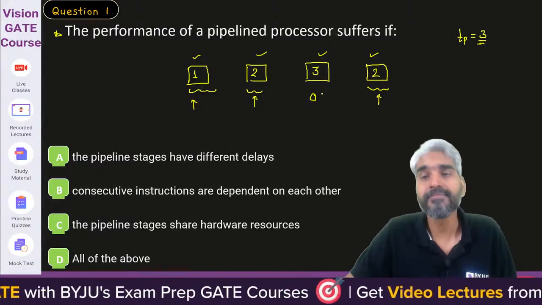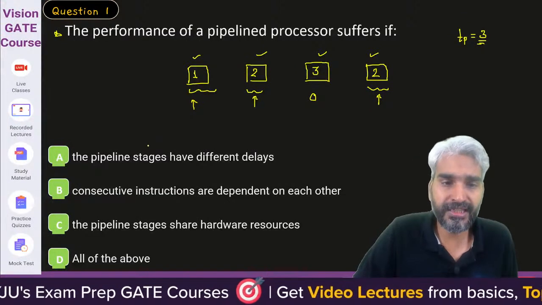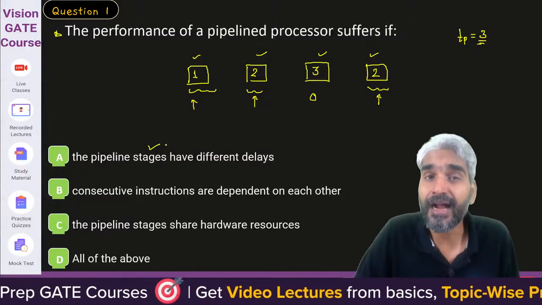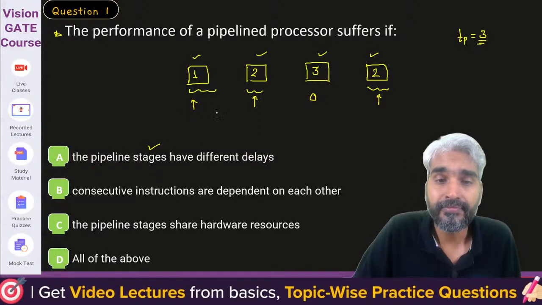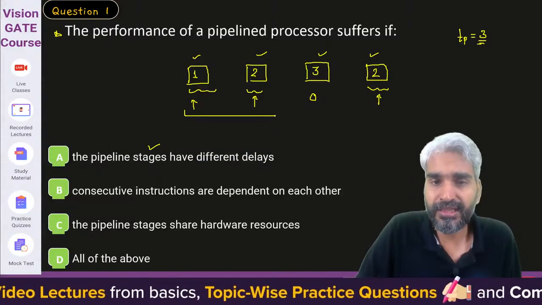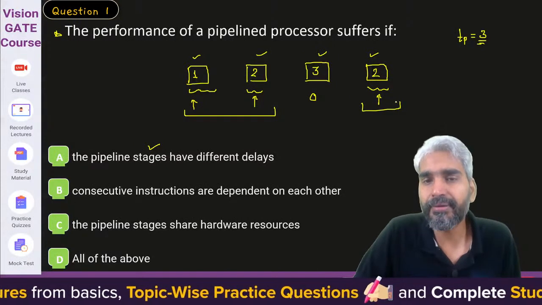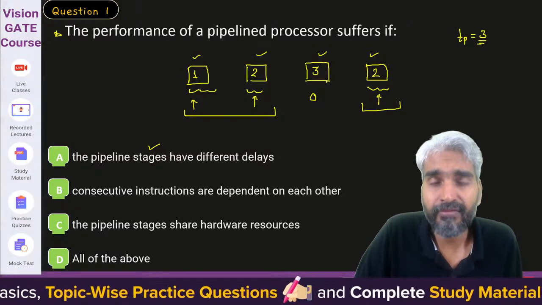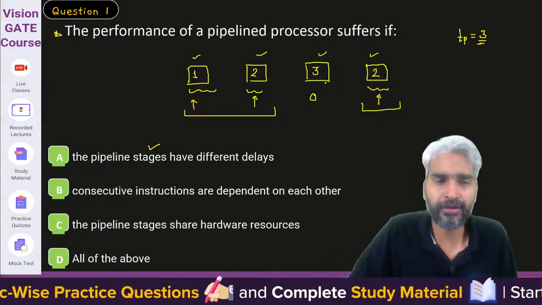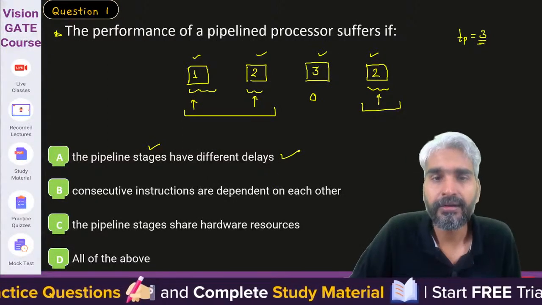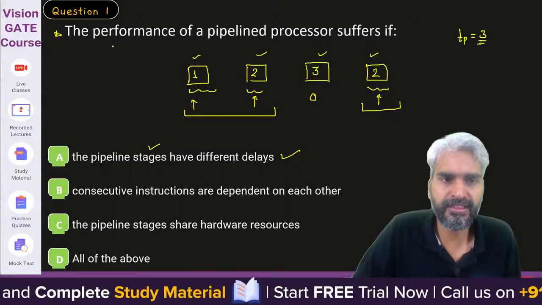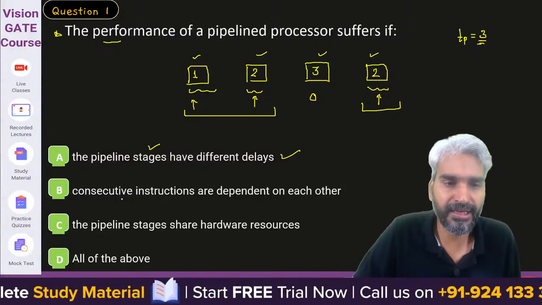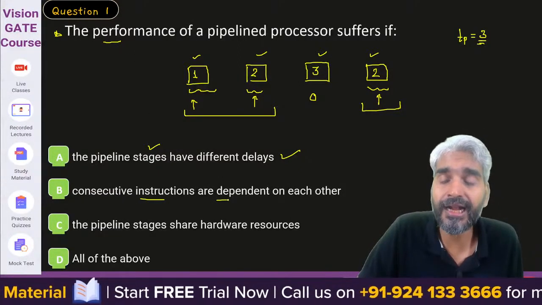So basically, if the delays of the different stages of the pipeline are different, then the stages with less delay compared to the maximum delay will waste some time, and ultimately the pipeline will suffer with respect to performance. Let's assume something else: consecutive instructions are dependent on each other.